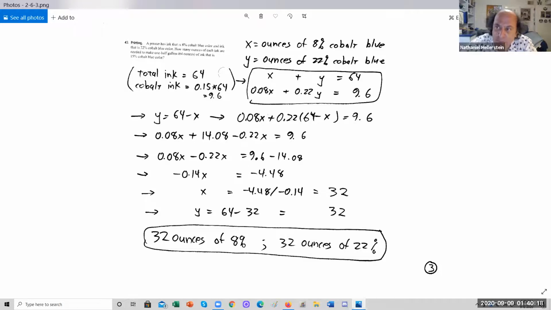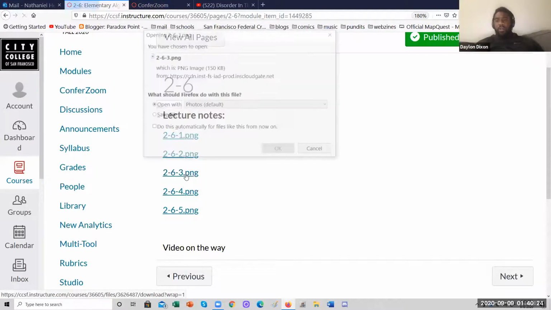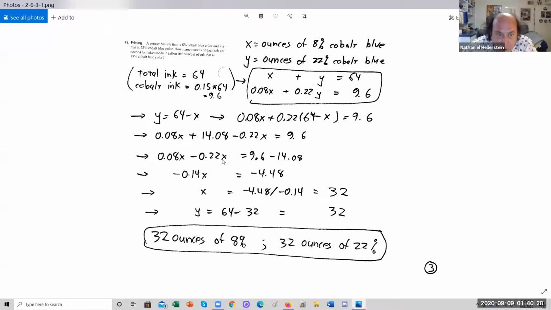Hey, Professor, if you were to minus that 0.14, wouldn't you get negative 0.28? Wouldn't you add it instead of times it? Which step? This one, minus 0.14x equals minus 4.48, right?